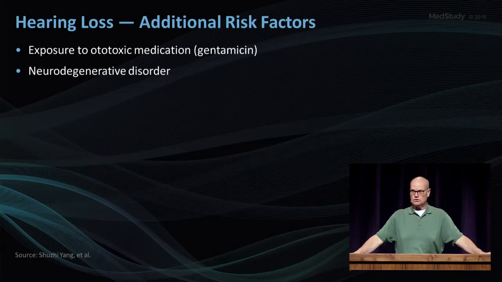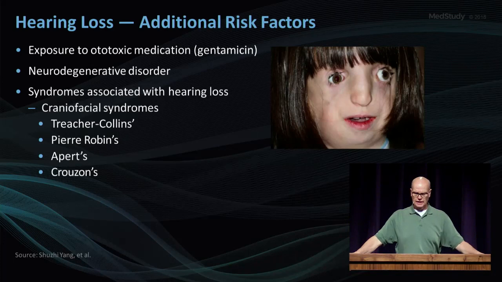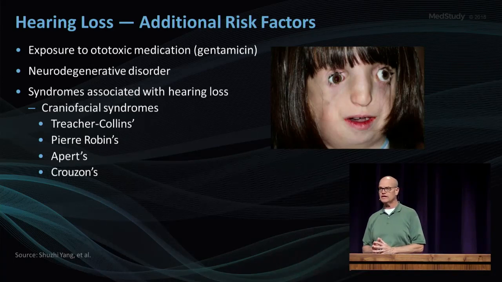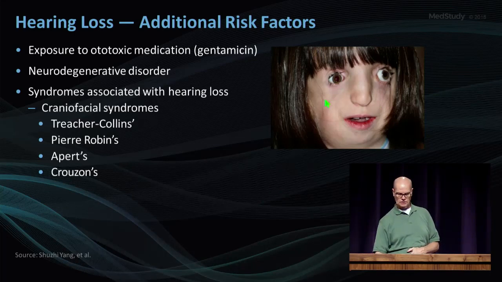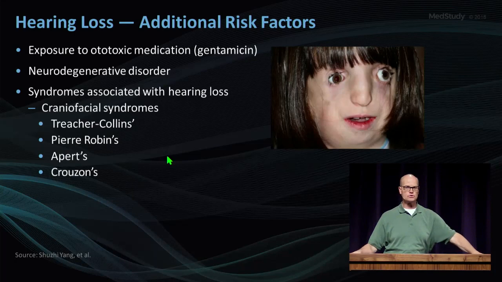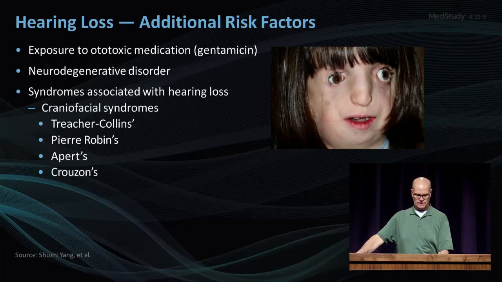Additional risk factors that, if you read in the vignette, should clue you in to the possibility of referral include a history of exposure to gentamicin, especially in the neonatal age group, neurodegenerative disorders, and various syndromes, especially craniofacial syndromes that are associated with hearing loss. This individual has Apert's syndrome. Any craniofacial syndrome associated with micrognathia, like Treacher-Collins and Pierre-Robin's, also associated with an increased risk of hearing loss.